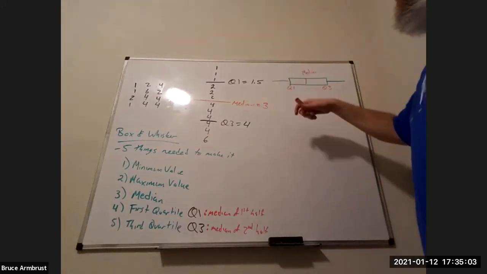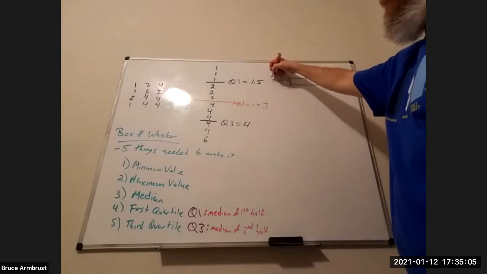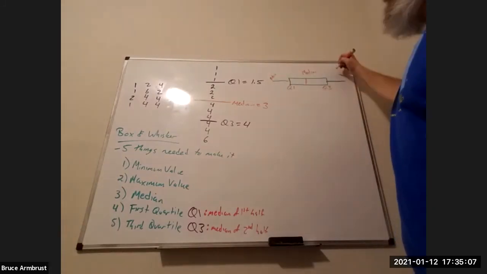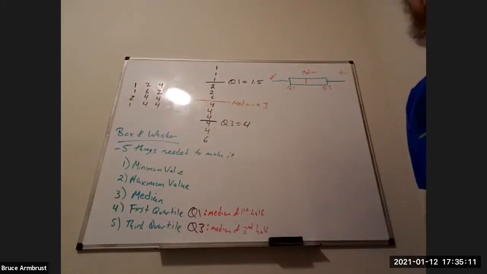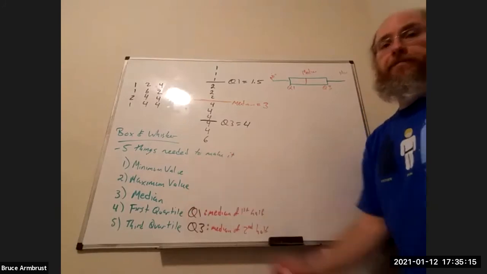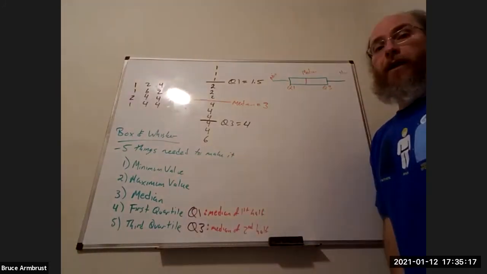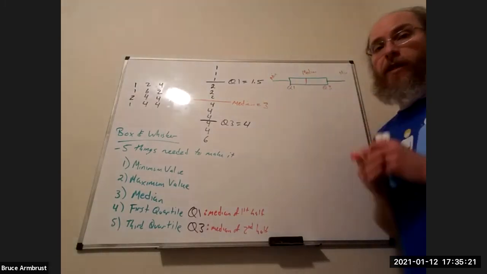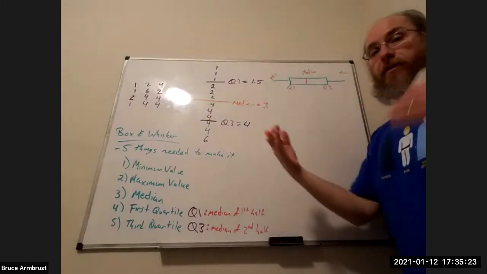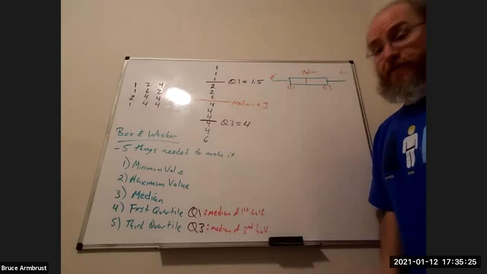And then the ends of the whiskers are going to be our minimum and our maximum. So that's why we need these 5 numbers. They help define our box and whisker. 3 of them are used for the box, median and 2 quartiles. And then the ends of the whiskers come from min and max.